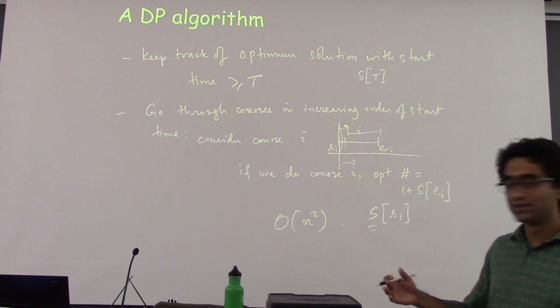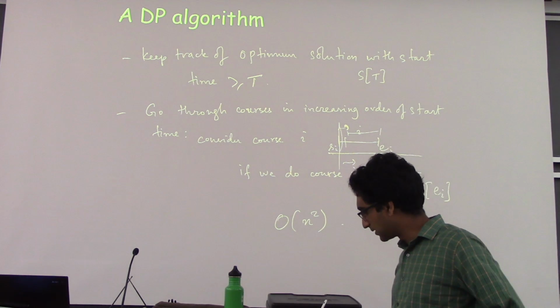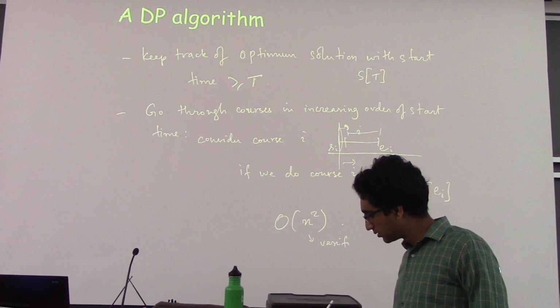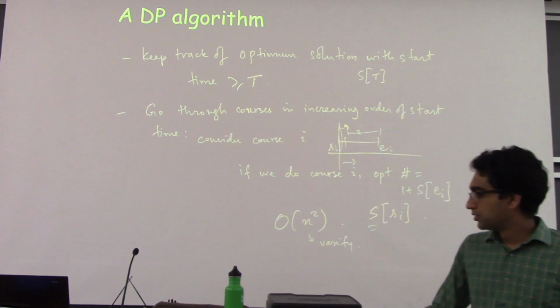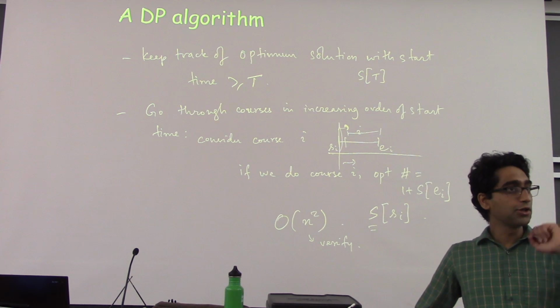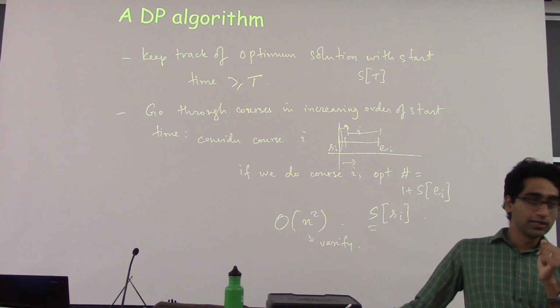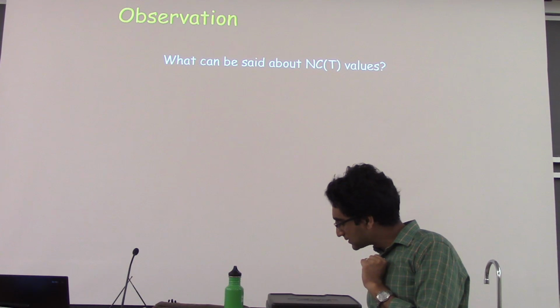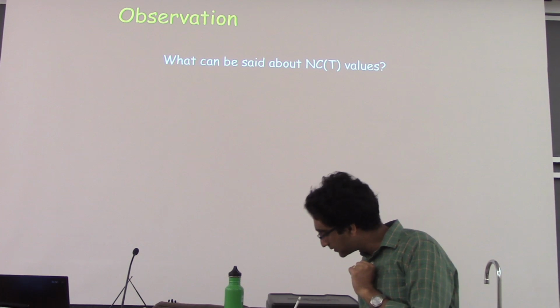So this is an easy exercise, you can verify. Okay, so now let's go to the observation that he was making, which is the following. What he observed is that this is S of t.